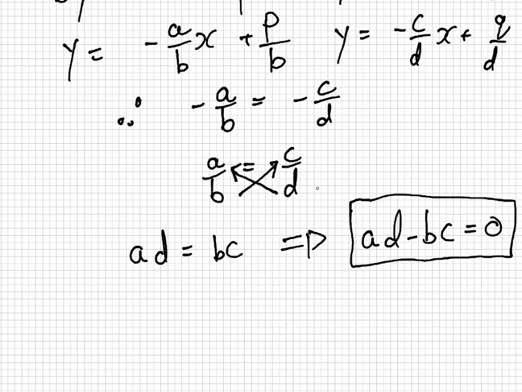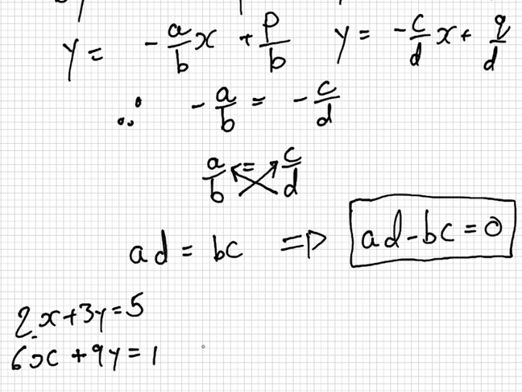So for example, if I wrote down 2x plus 3y equals 5, and then let's make it 6x plus 9y equals 18. Actually, I'll make the right side 1.